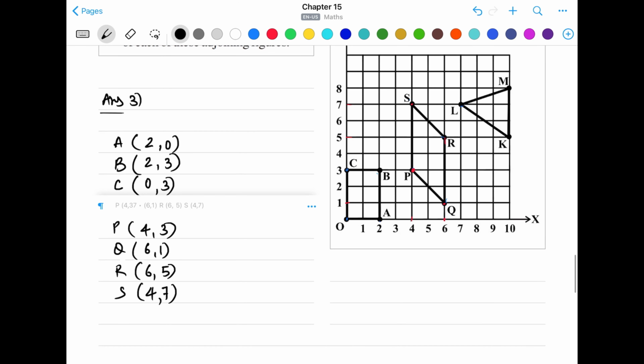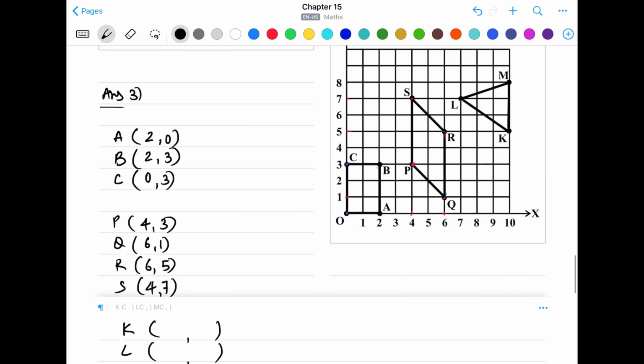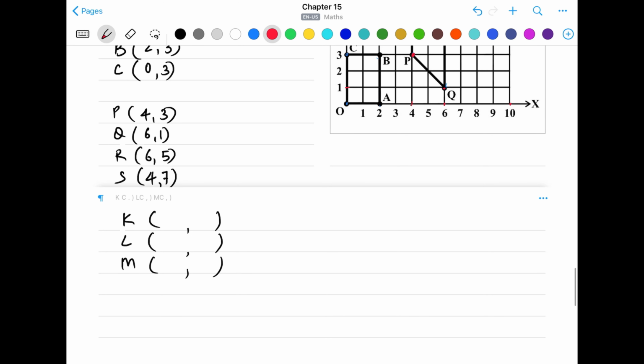After that we have 3 more points, K, L, and M. Let's write their coordinates also. K is at x 10 and y 5, so it is 10 5.